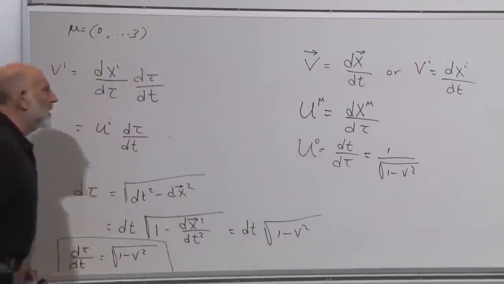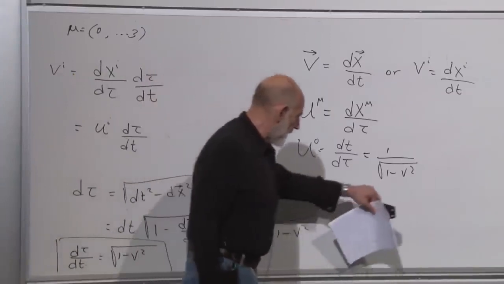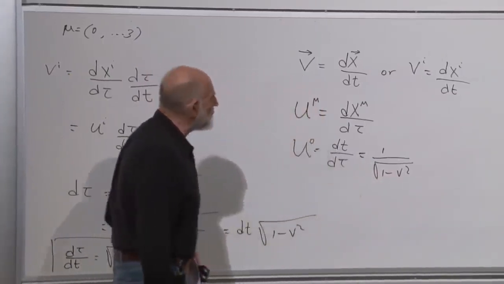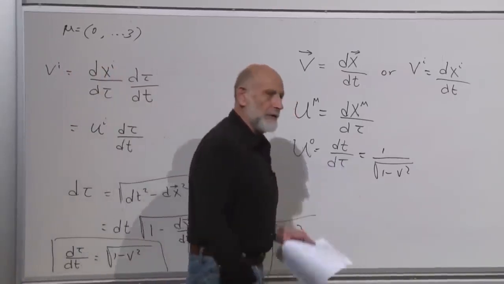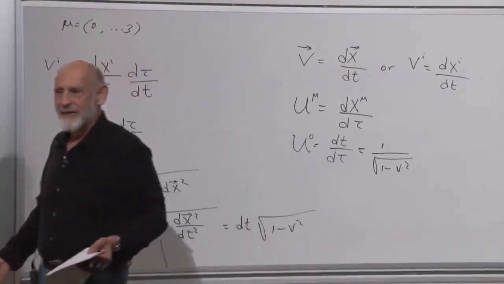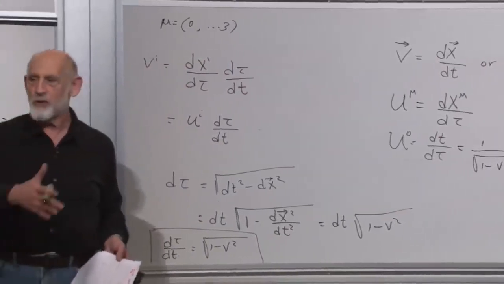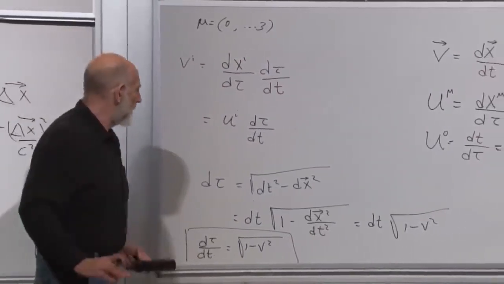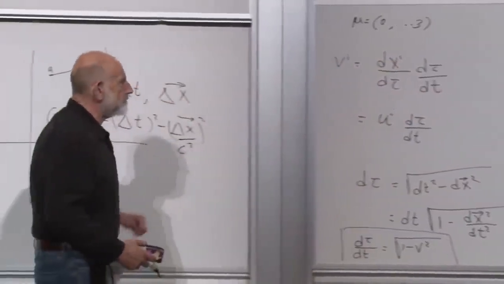It's a thing which non-relativistically just goes to 1. In the non-relativistic limit, where v is much smaller than the speed of light, this is just 1. That's why we never think about it. We never think about dt by d tau because tau is t and d tau by dt is just 1. On the other hand, relativistically we worry about it.